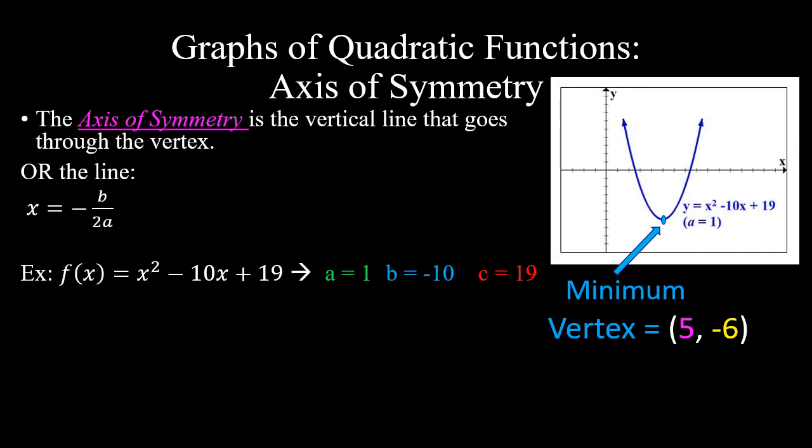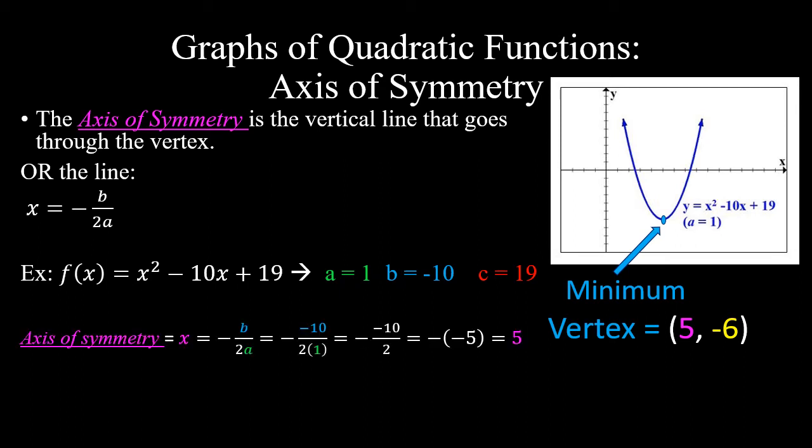We know that a equals 1, b equals negative 10, c equals 19, but it bears repeating. You should always, always, always find those first. Okay, if we want to find the axis of symmetry, we know it's the line x equals negative b over 2a. Again, let's plug in negative 10 for b, 1 for a, and what does that give us? No big surprise here, x equals 5, okay? We don't have to go any further.